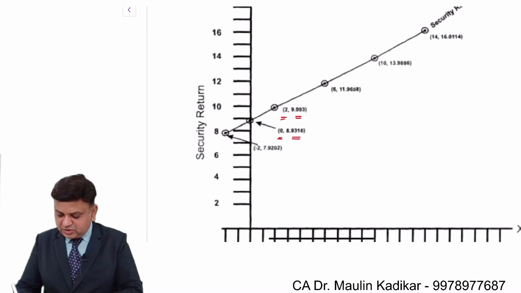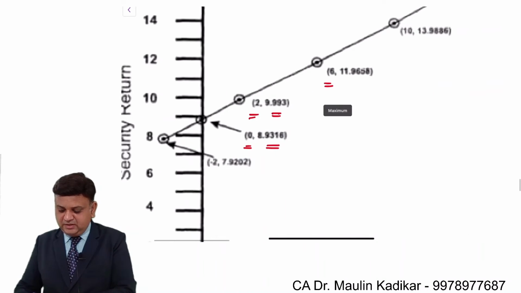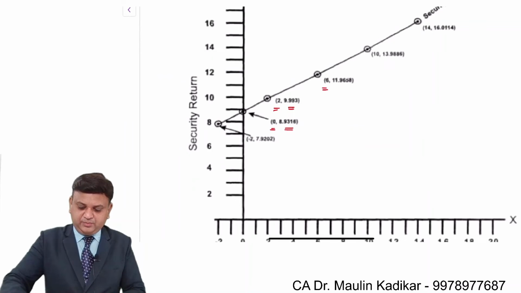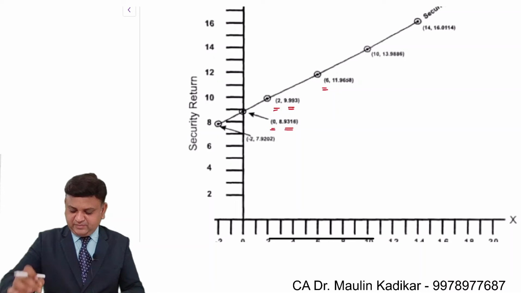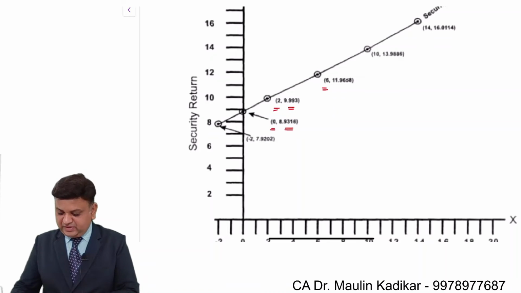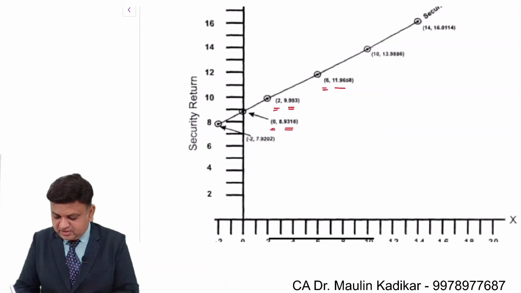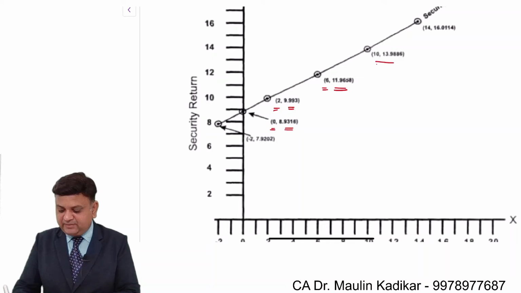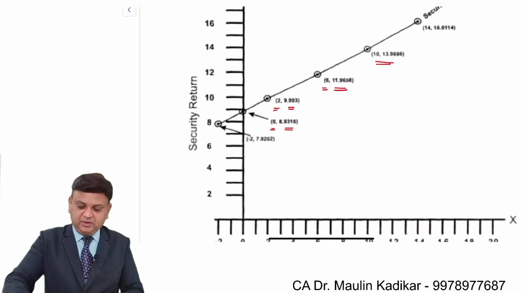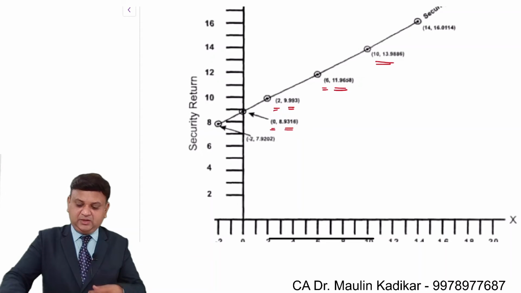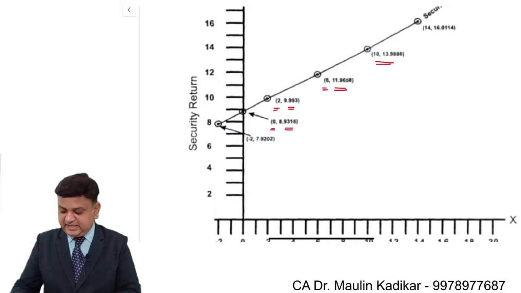Again, if the return on the market portfolio is 6, you can use a calculator: 0.5057 into 6, and this answer is added to 8.9316. So 11.9658. If it is 10%, again you can do it: 0.5057 into 10, this is the change that you are expecting over 8.9316, so 13.9886 and so on.